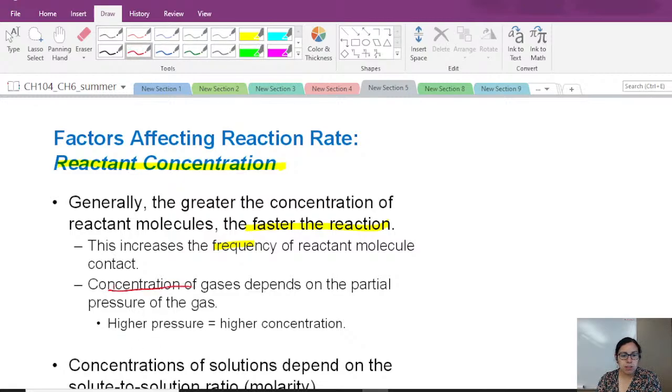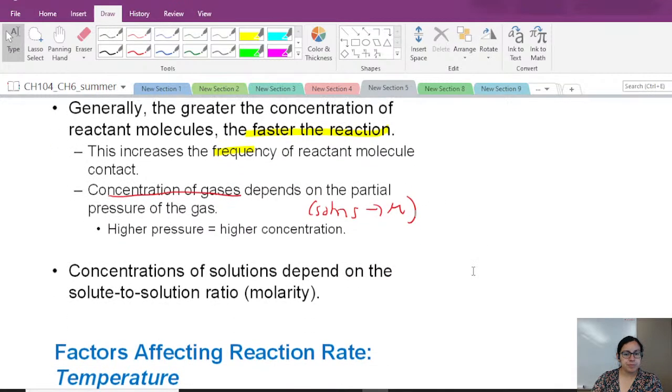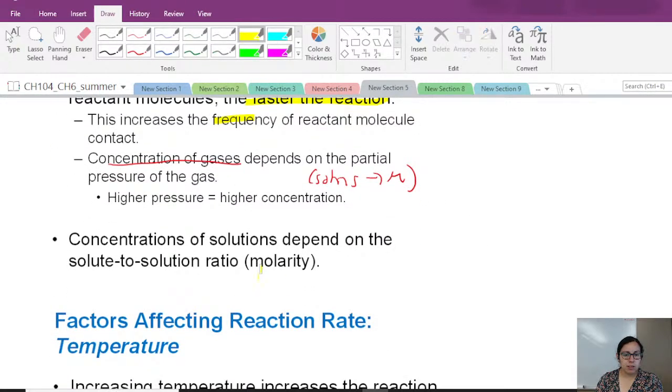So this could mean concentration of gases, and then we could also look at solutions, which we're not quite there, but we touch on it since we do lab. You could see that with your molarity. So 1 molar reacts slower than 3 molar, 6 molar, 12 molar. So that's all concentration.